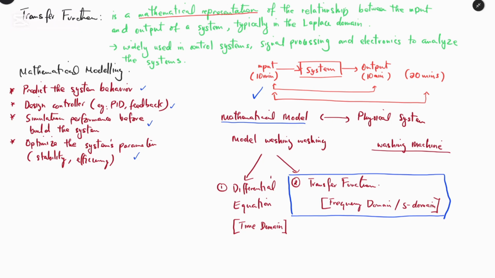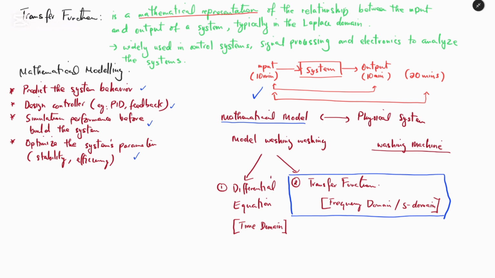By then, we can provide some form of relationship. And with mathematical modeling, we can apply a transfer function to test the system without actually measuring the working of the system, such as the washing machine.